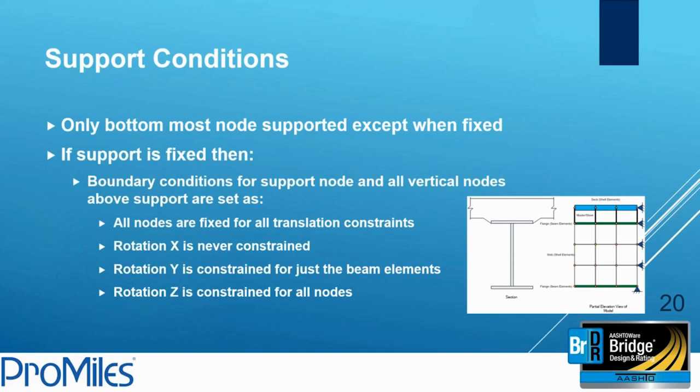For rotation, X is never constrained. Rotation Y is constrained just for beam elements, and rotation Z is constrained for all the nodes. The schematic here on the right-hand side shows a simple example of a steel support which has been designated as fixed, where you can see that a support has been added at all the edge nodes for a fixed support.